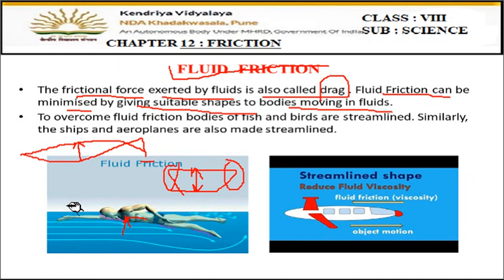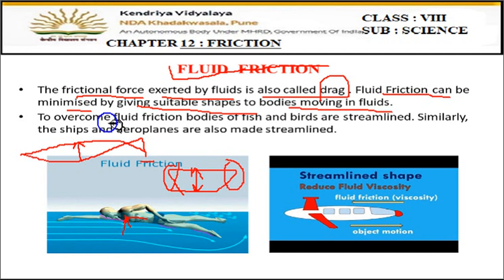So this type of shape is called a streamline shape. This pointed shape at the start of the body helps to reduce the friction, helps to cut the resistance of water, and easily the body can move inside the water. So this streamlined shape of the body helps the body to just swim in water.